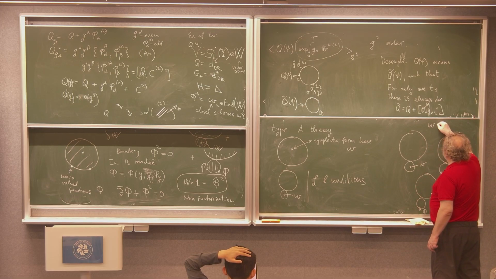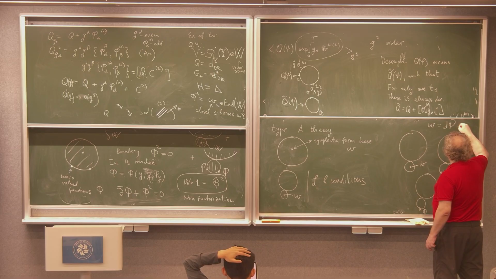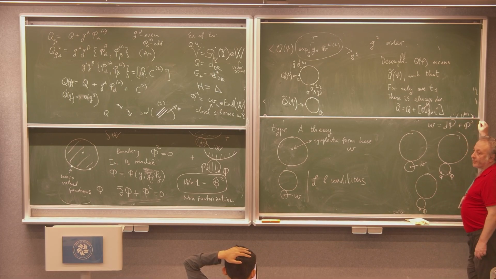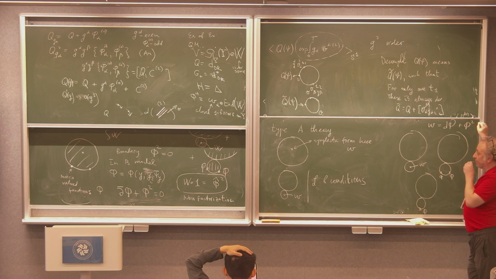And then the equation will be omega equals d phi from that term plus phi equals. And this would be called the Orlov-Kapustin bracket.